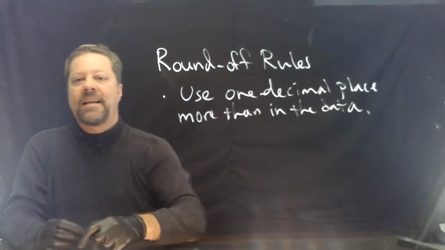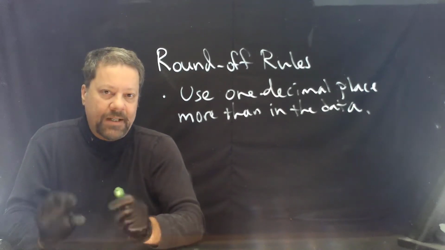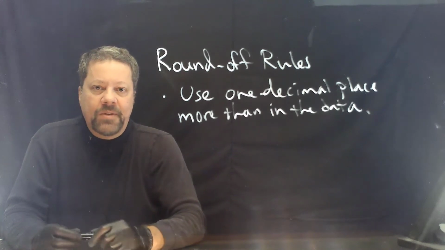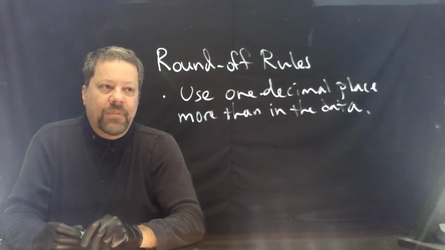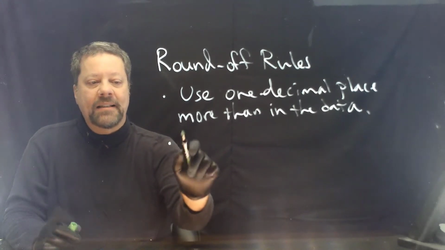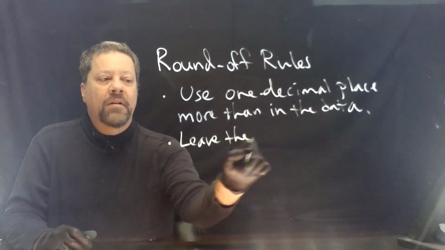So if the data is given to, say, integers, then we'll use 1 decimal place. If the data is given to 5 decimal places, we'll use 6 decimal places. So 1 decimal place more than given in the data, except for the mode, we'll leave the mode.